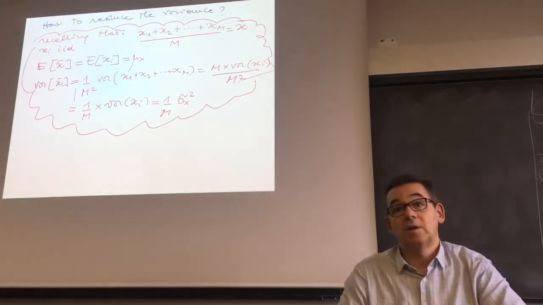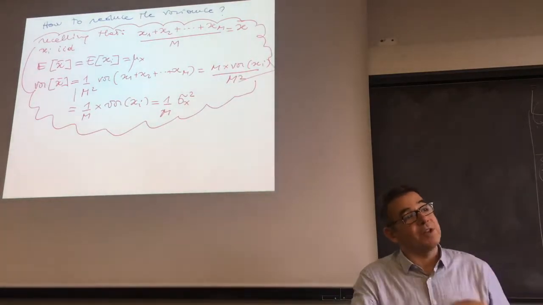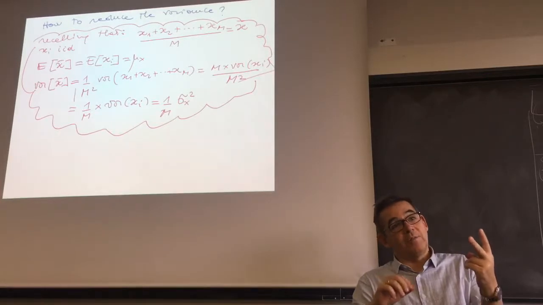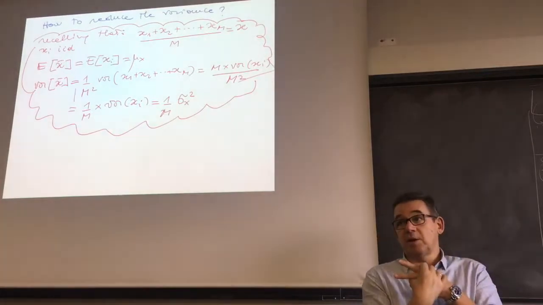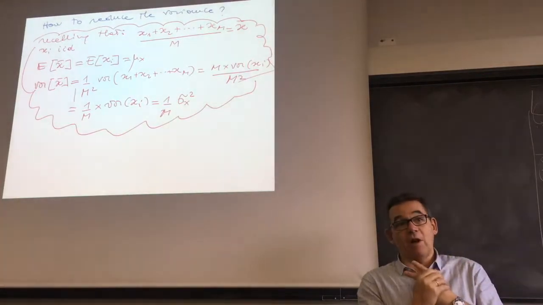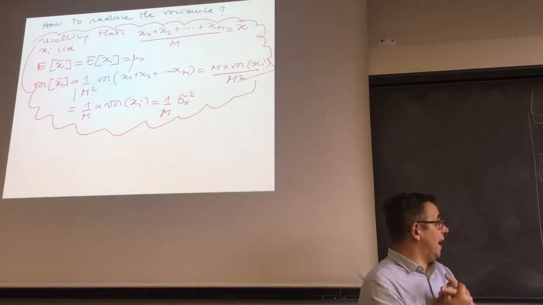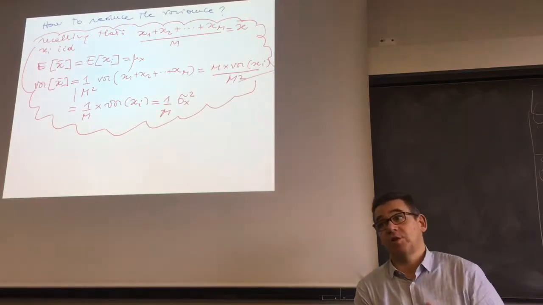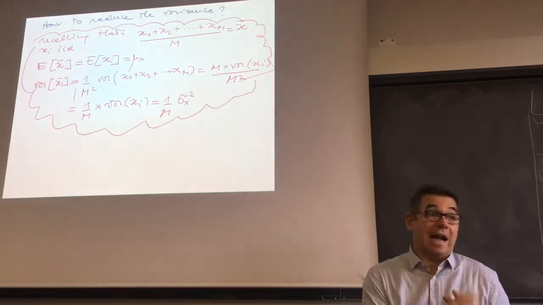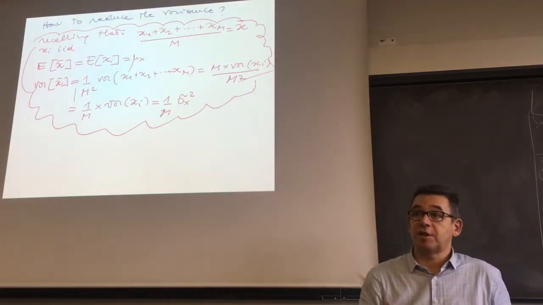So that means that in order to reduce the variance, we need to average. That's the point. The periodogram averages only 2 variables because it has a real and imaginary part. But we need to average more. So we need to take all the data and find a way to average the periodogram, not average the data.